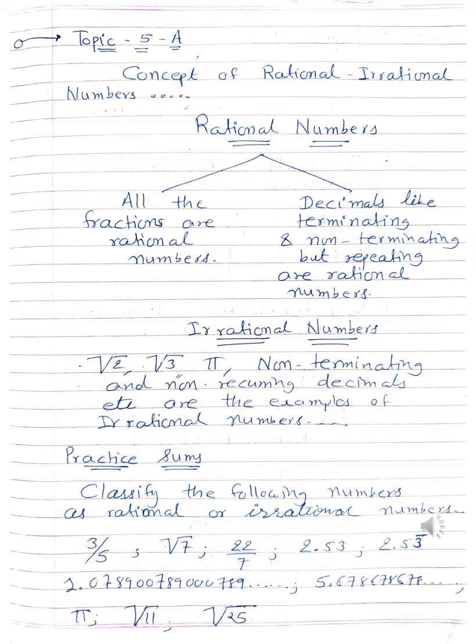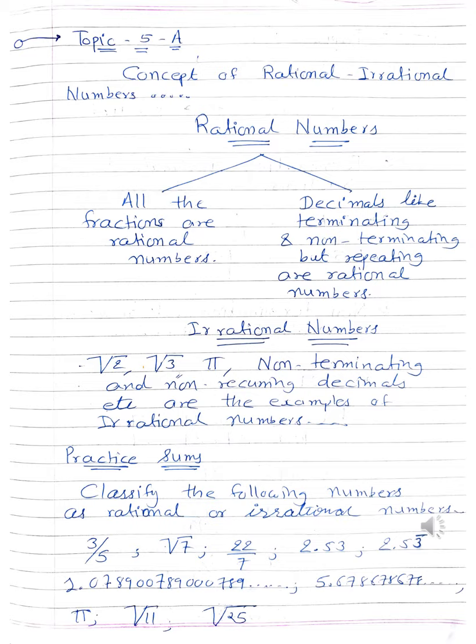Then we have covered topic number 4, some problem sums related to HCF and LCM. The only thing we have to remember is that if we need a greater number than the numbers we have in the sums, then we have to go for LCM. If we want to find a smaller number than the numbers we have in the sum, then we have to find HCF.